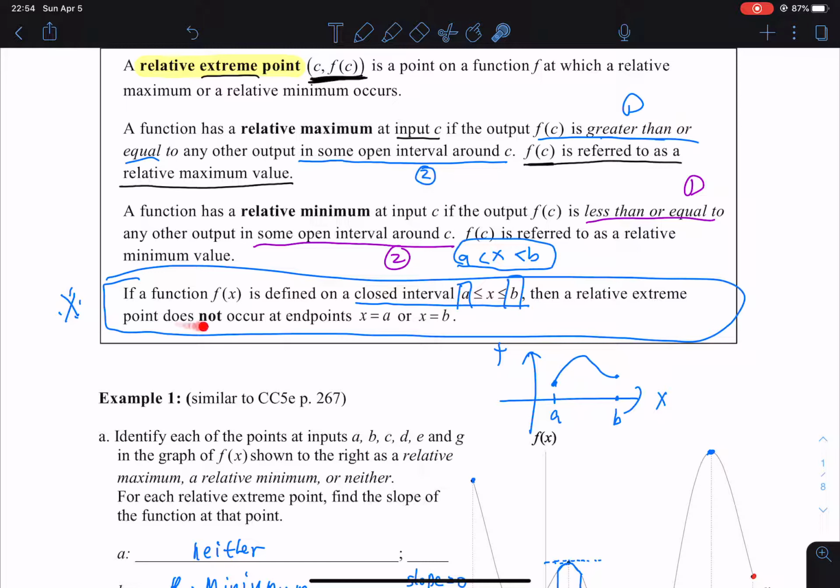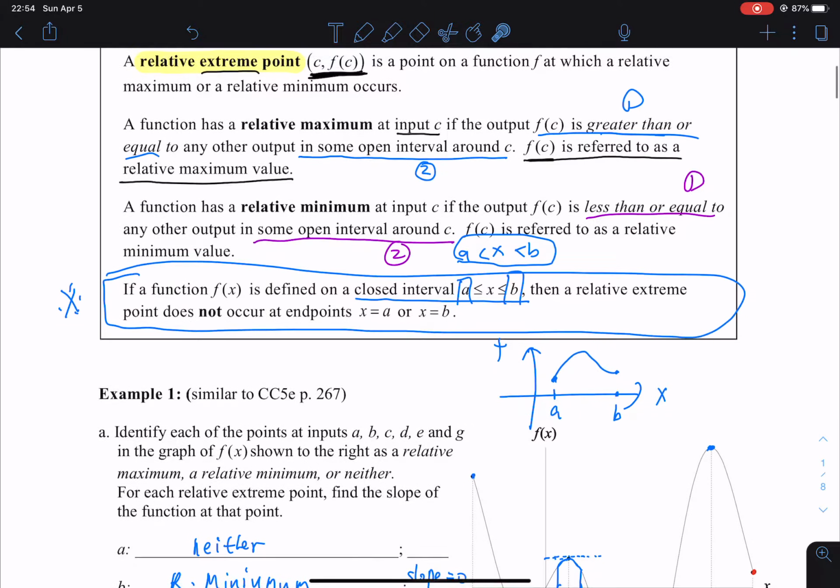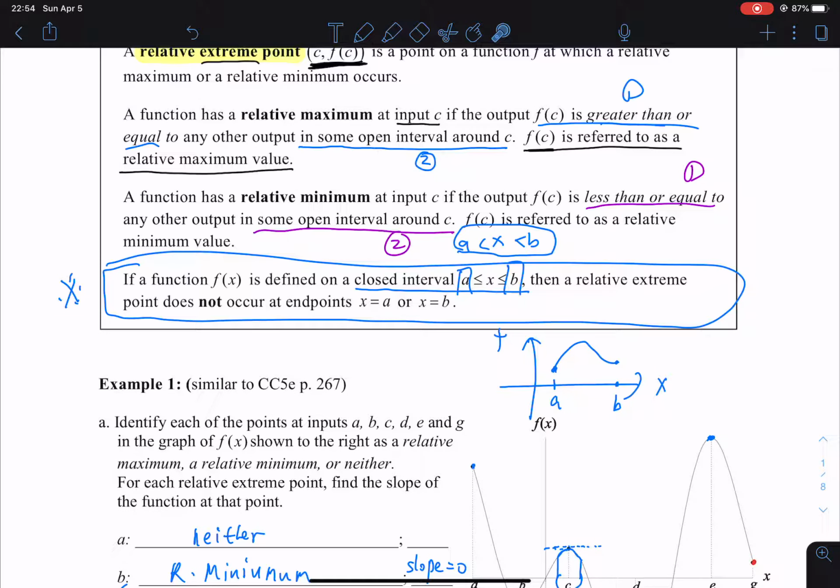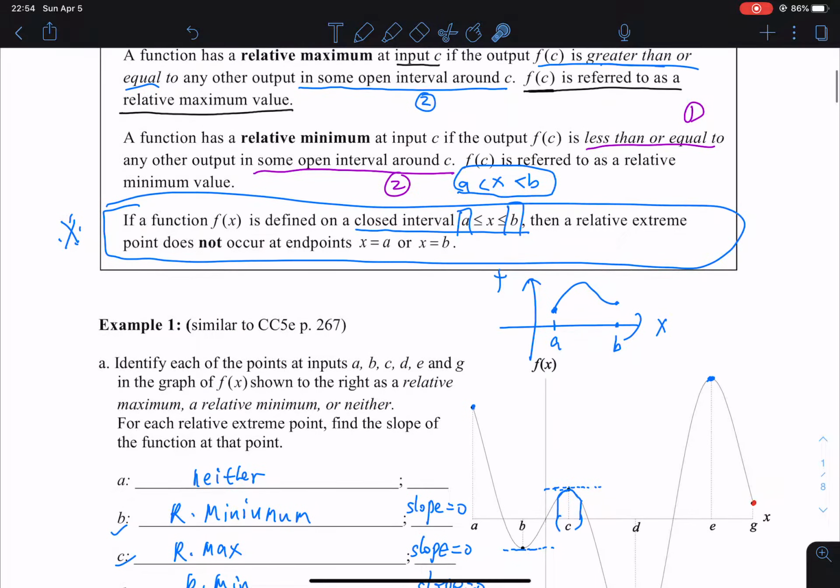Pay attention to this: the two special points, endpoints A and B, cannot be relative extreme points. For relative extreme points, we don't consider the two endpoints. They will never be relative extreme points, but they can be absolute extreme points.